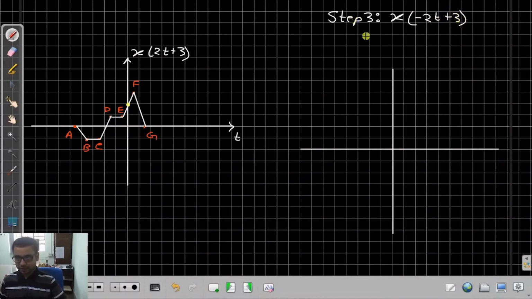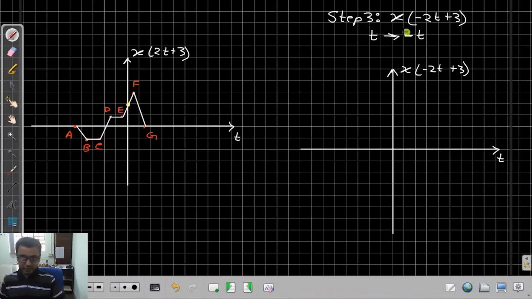This is step 3. So you see that here we have 2t and here minus 2t, which means t is replaced by minus t. Okay, so x of minus 2t plus 3 versus time.